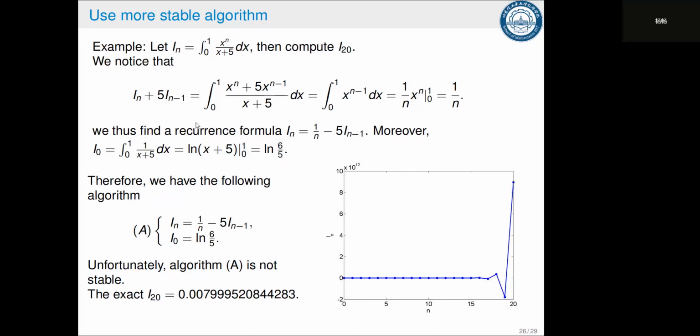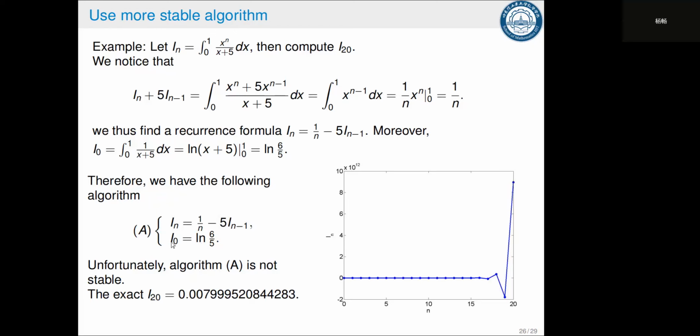So thanks to this calculation, finally we get such a very simple algorithm. The first one, we call it algorithm 1. It consists of two equations. The first one is the recursive formula, and the second one is the initial data.